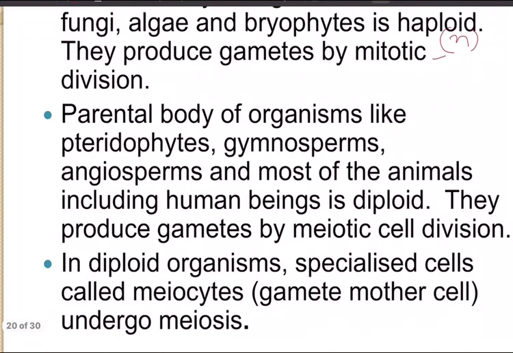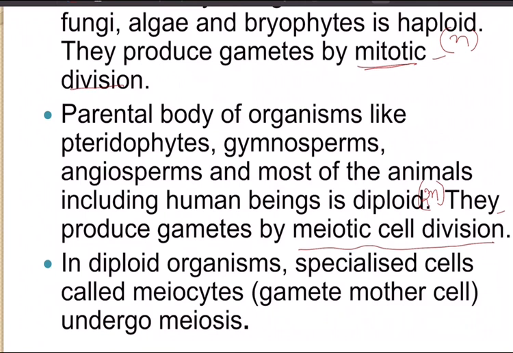The parental body of organisms like pteridophytes, gymnosperms, angiosperms and most animals including human beings is diploid, because two sets of chromosomes are there. We denote that with 2n. So they produce gametes by meiotic cell division. This is what I said: if the number is to be maintained, it is mitotic. If the number is to be reduced, it has to be meiosis.